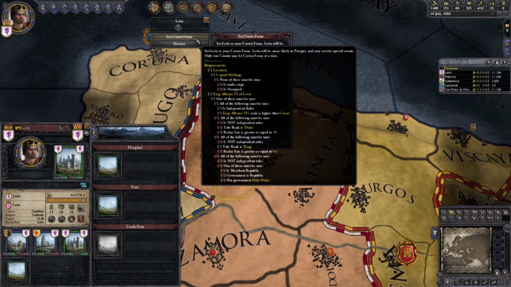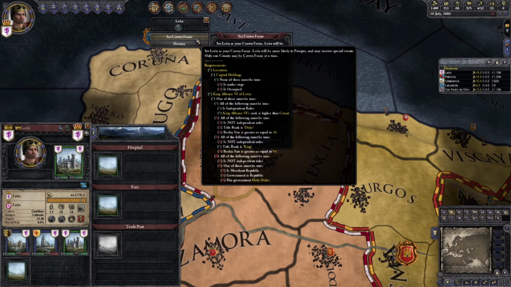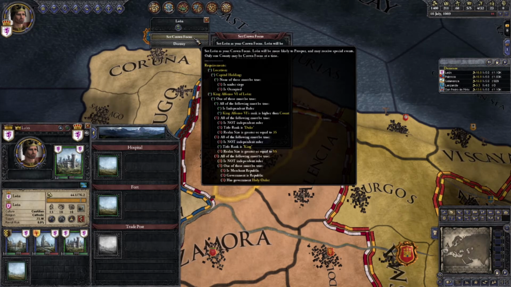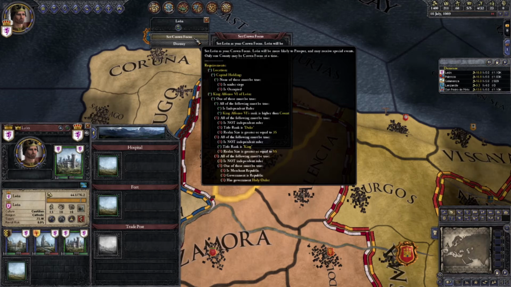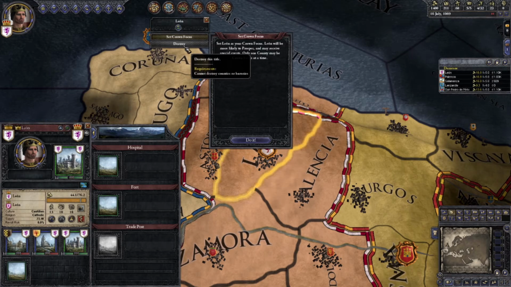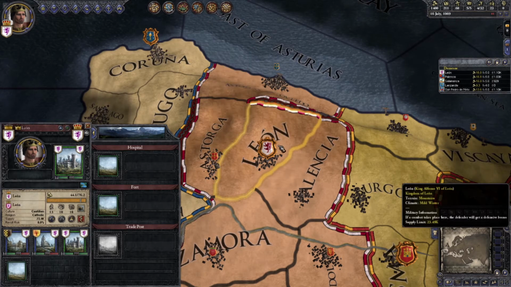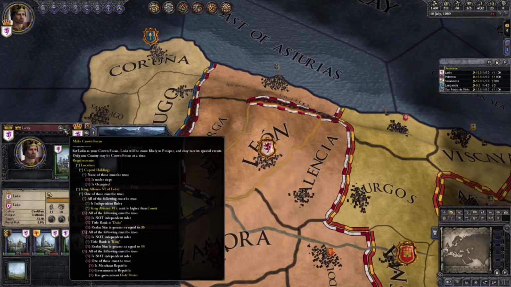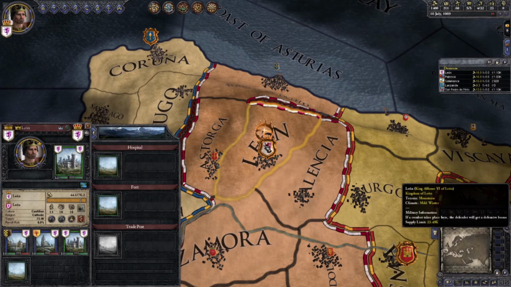Set Lyon as your crown focus. Lyon will be more likely to prosper. They receive special events. Only one county can be the crown focus at a time. Sure. How do I... Ah, there we go. Alright, so that's our crown focus.